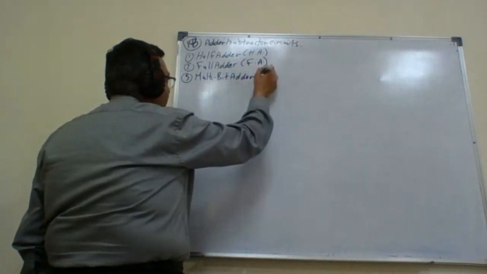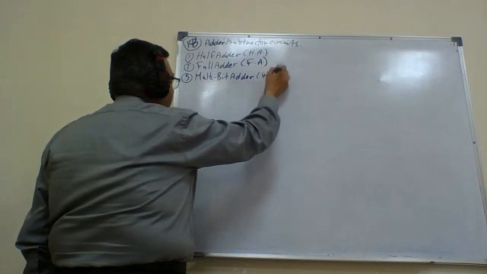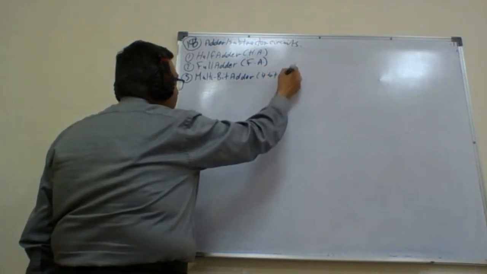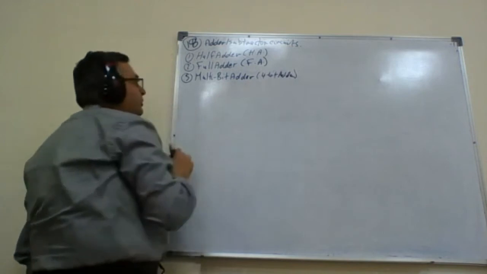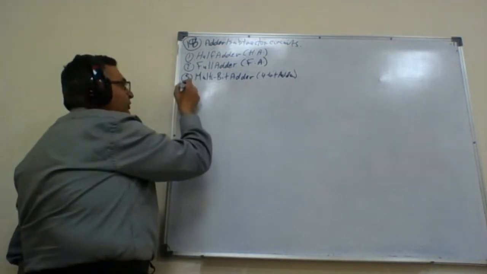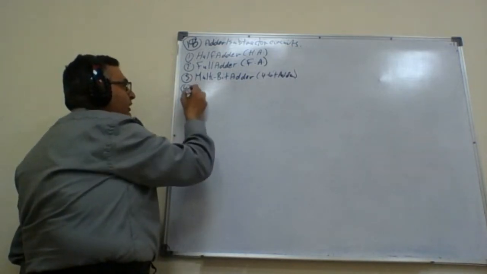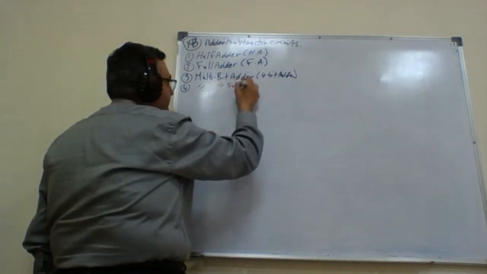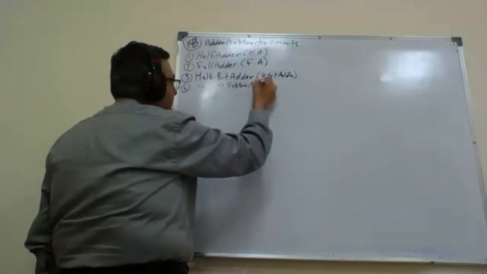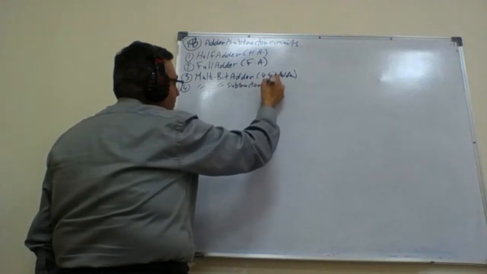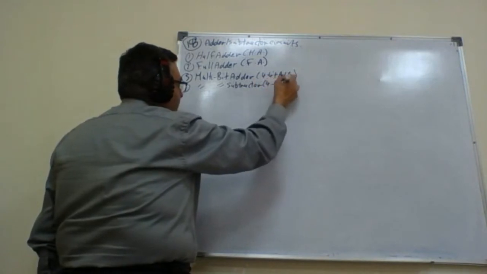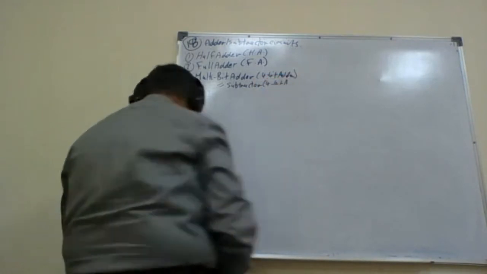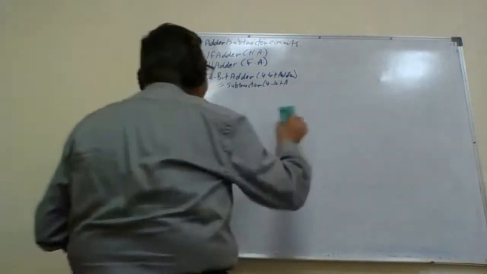We will take an example for this, a 4-bit adder. We will learn also the multi-bit subtractor. As an example, we take the 4-bit subtractor, or in short, we can call it sub.